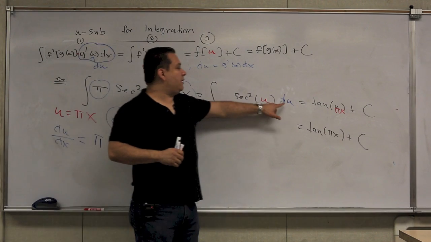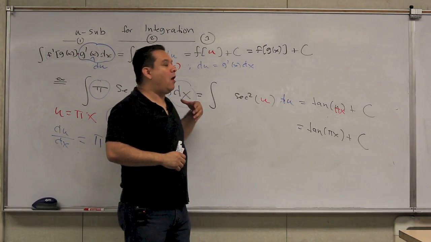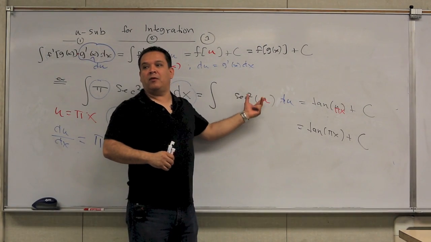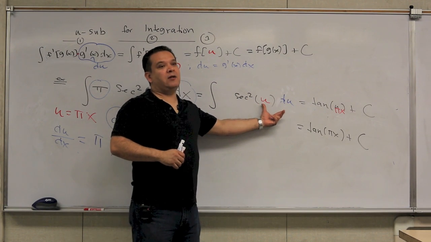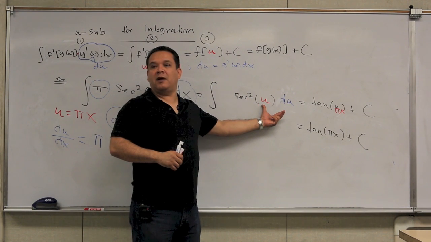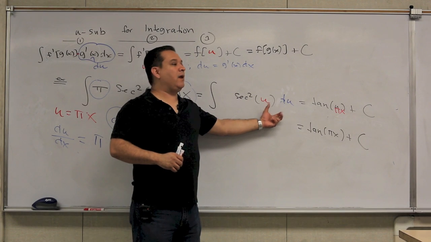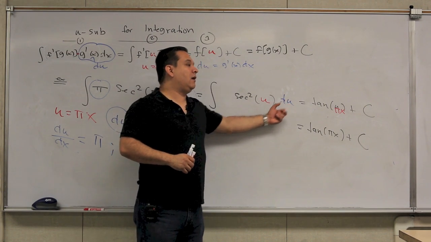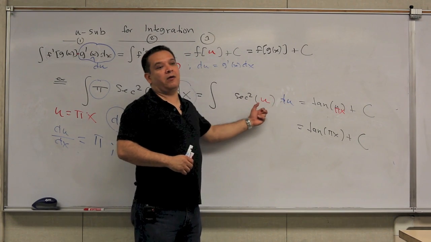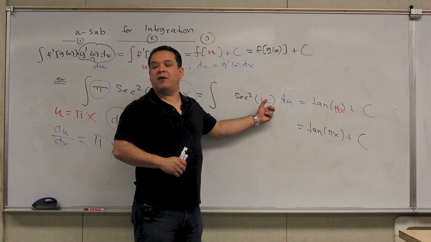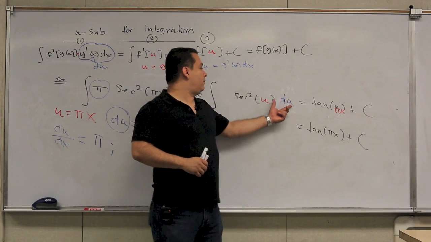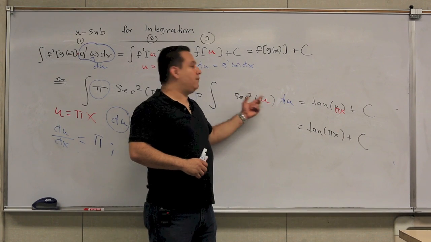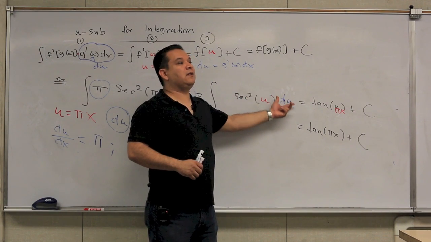Du. Here's my du. Now I can integrate with respect to what variable? U. So like you did on your homework, you notice that they gave you different letters to integrate? Maybe a T and a DT, maybe an S and a DS, or an A and a DA. Well, that's integration with respect to that variable. So you've now got an ability to integrate secant squared u, but this has to be du.